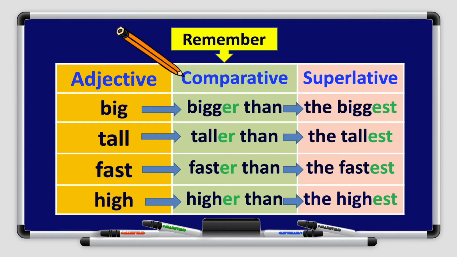Comparative adjectives like bigger than, taller than, faster than, or higher than describe or compare between two objects or nouns. But superlative adjectives mean it is the highest or the lowest limit of the group, like the biggest, the tallest, the fastest, or the highest.